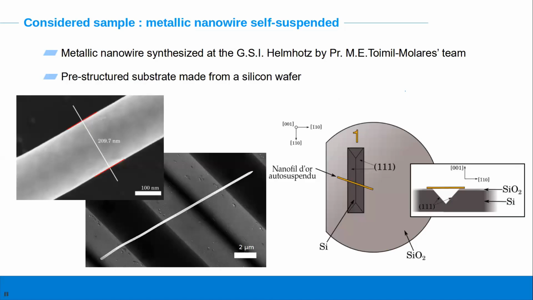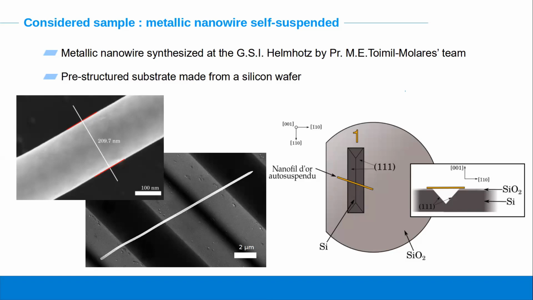And one of the important things when you are investigating the vibration of a single nanoparticle is, as I said, the environment of the particle. And so what is commonly done is to use restructured substrate. In that case, in our study, we use some silicon wafer in which we chemically etched some trenches.